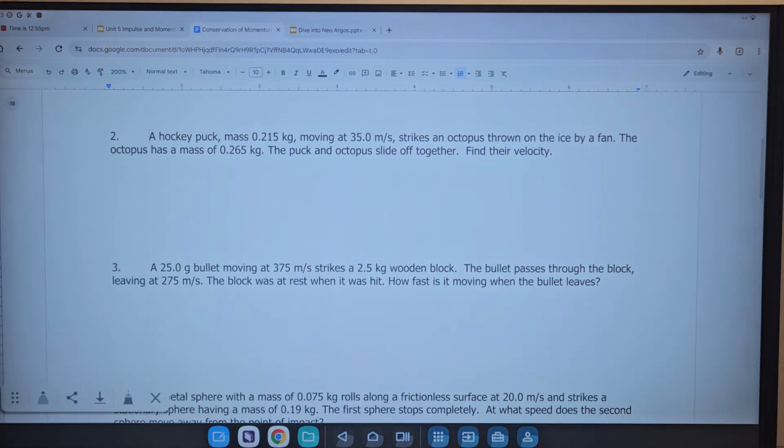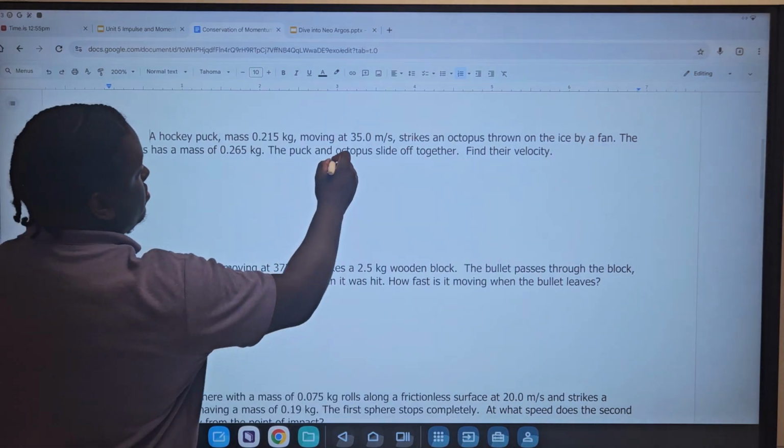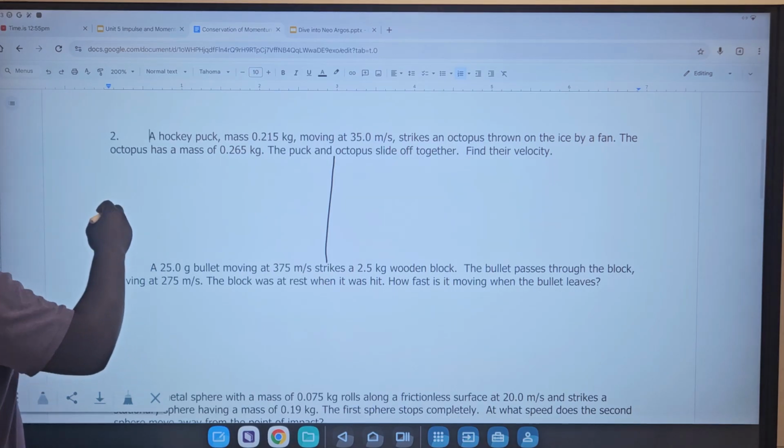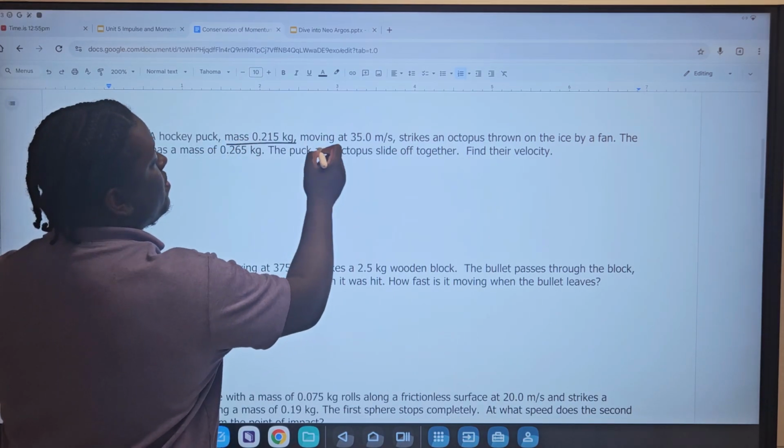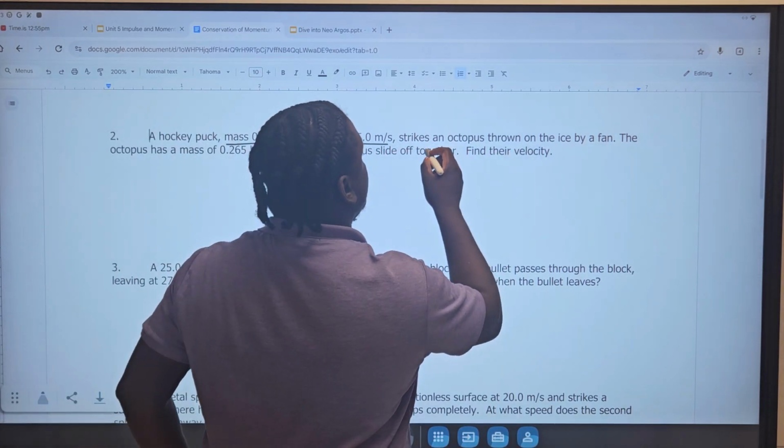All right, question 2. Let's see if I can do it the short way, and then I'll show you the other way. So we have quite a few things.